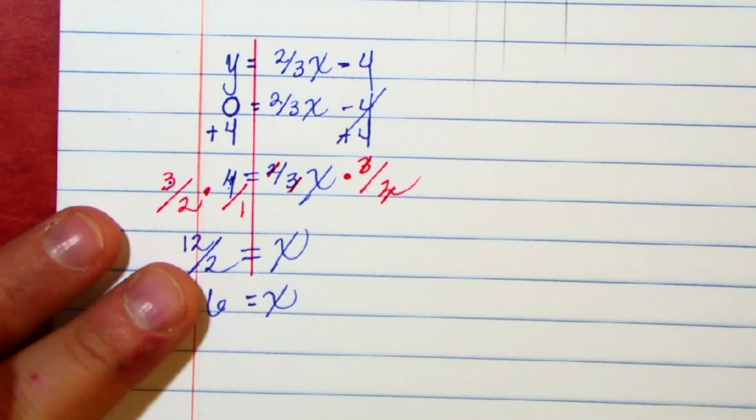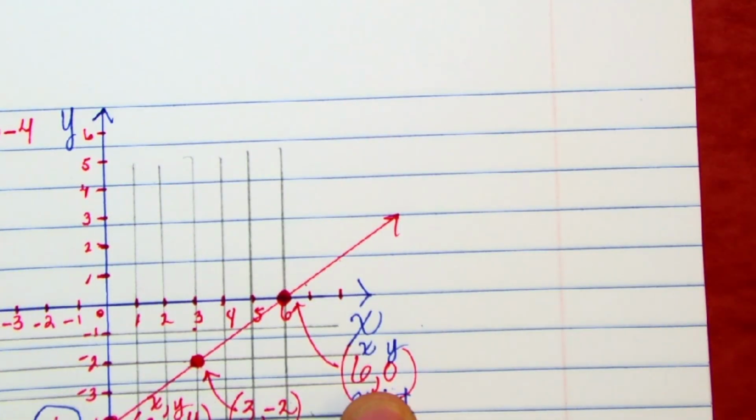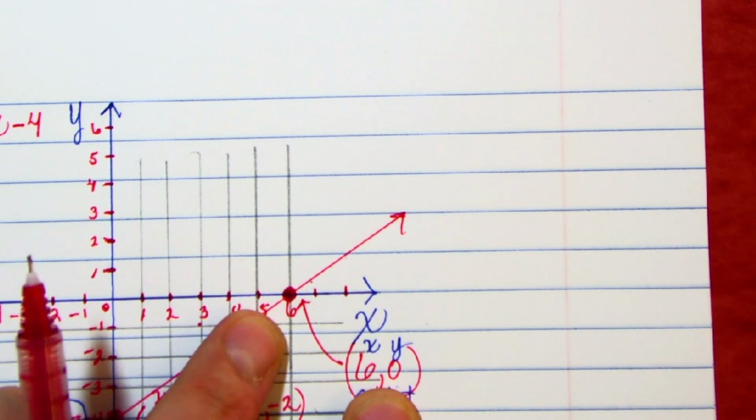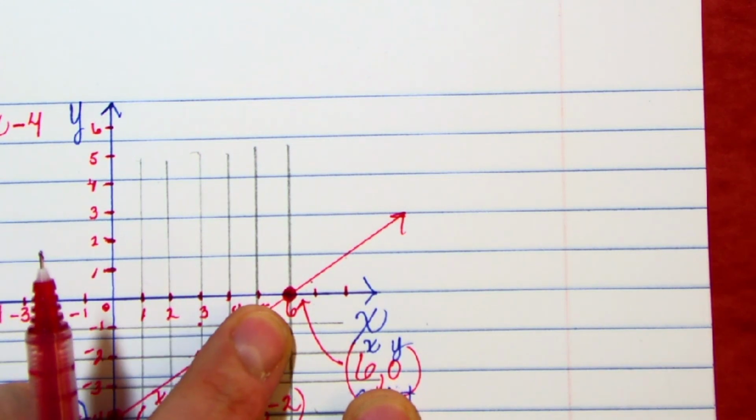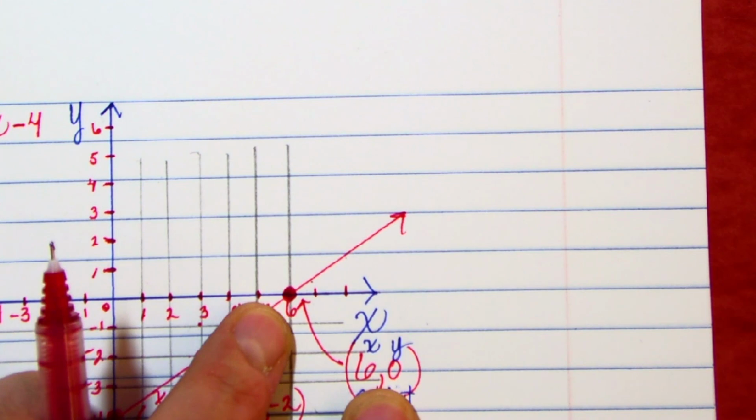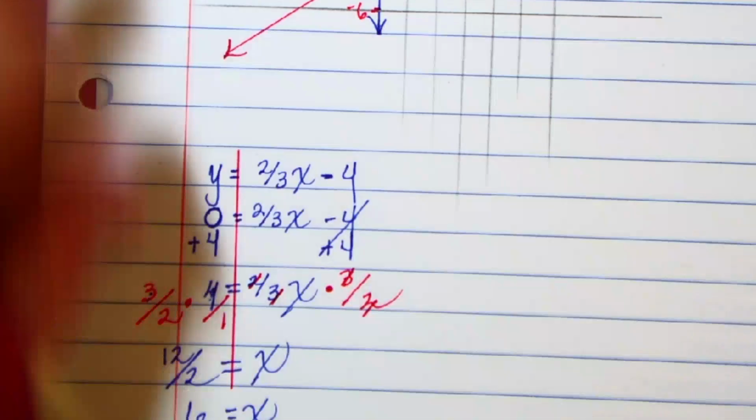Hey, there's no coincidence, people. Look over here. Graphically, you already found that x was 6. Do you understand what you're doing? You graphically find it, and then you algebraically find it.